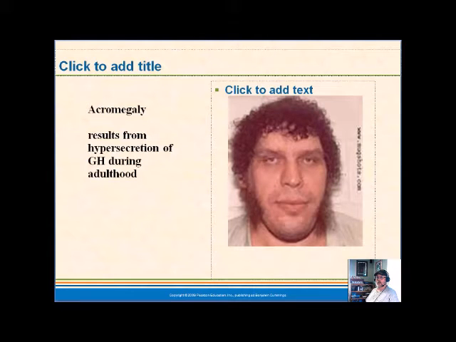And what it does is it results in a general thickening of the tissues. So you get larger, thicker bones and larger muscles as a result. And here's a prime example. This was Andre the Giant. You may remember him from the movie The Princess Bride.